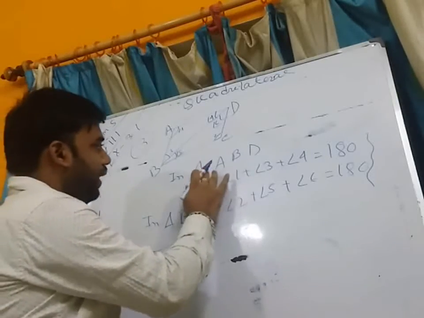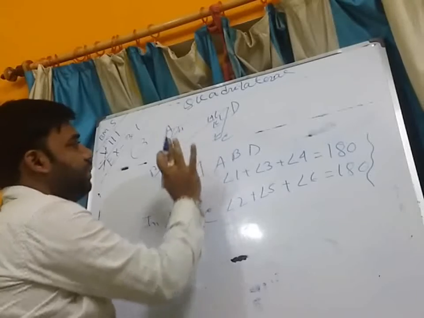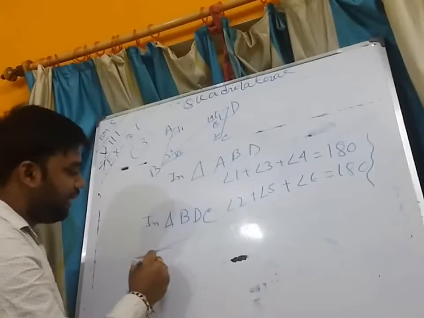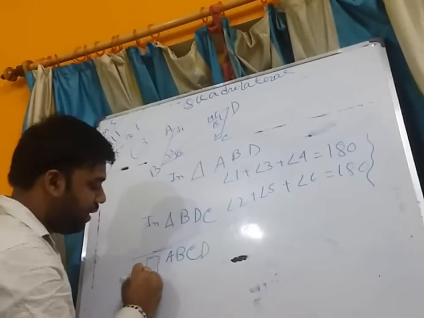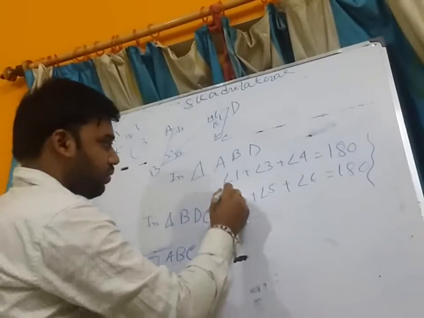Now joining these two, ABD plus BCD, that forms the quadrilateral ABCD.